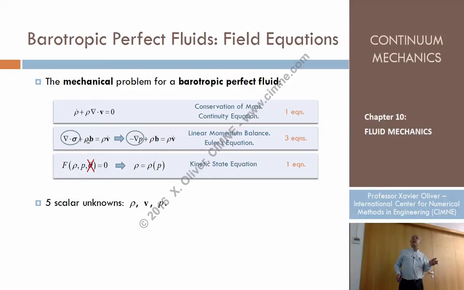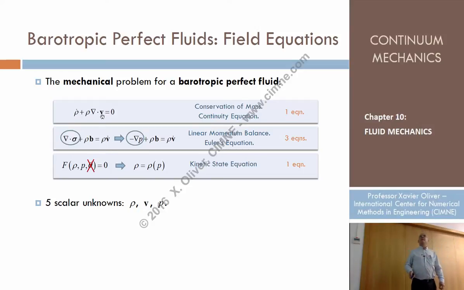Instead of the stresses in general, we just put here the pressure. And finally, we have the kinetic state equation, which now is the relation of the density with the pressure. In the simplest case, density is independent of pressure, it's constant, which is the incompressible case.